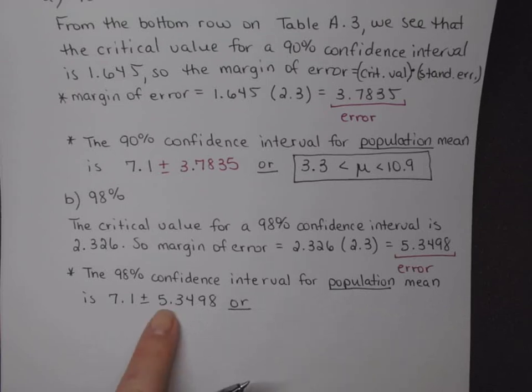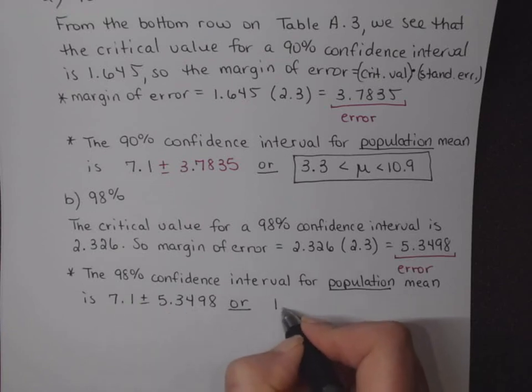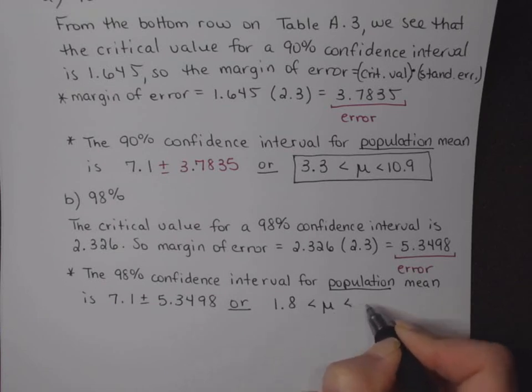Okay, so in other words, we're give or taking this error amount. So if you do 7.1 minus this number and also 7.1 plus this number, you're going to get, and I rounded it to 1 decimal place. Math Connect will tell you how it wants you to round it.